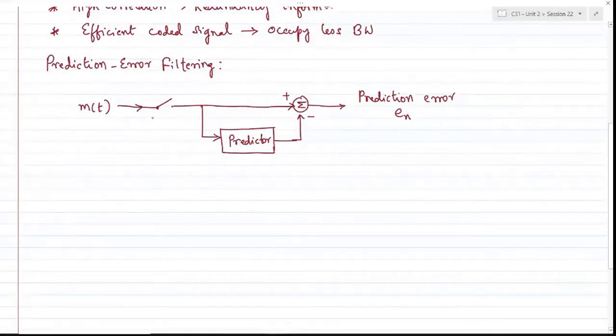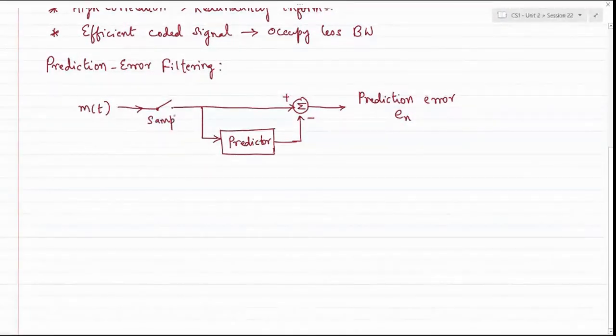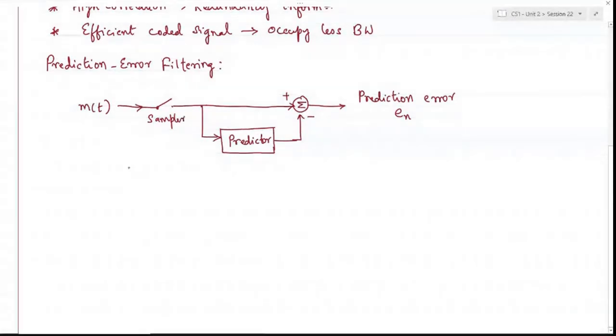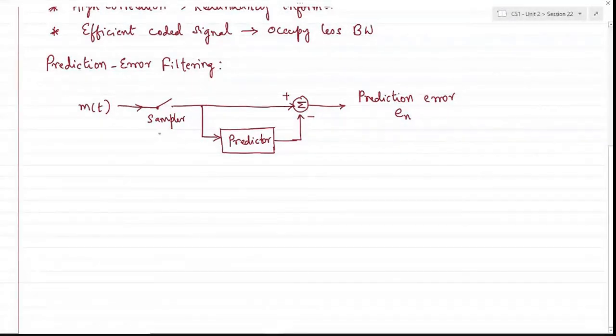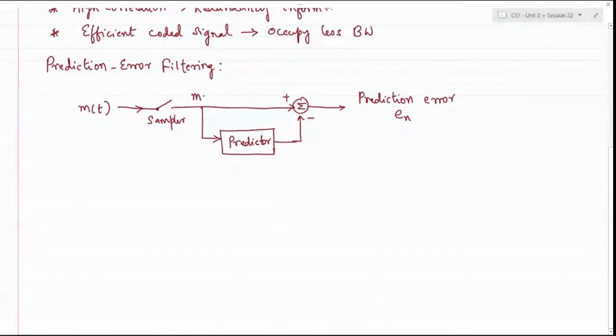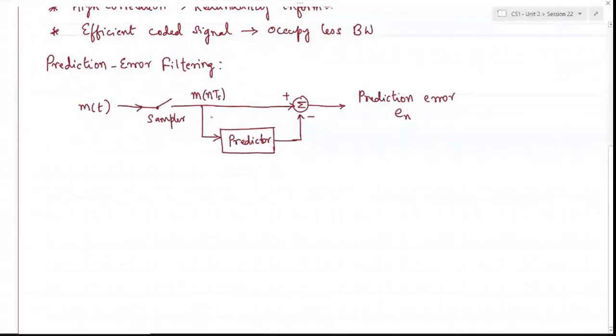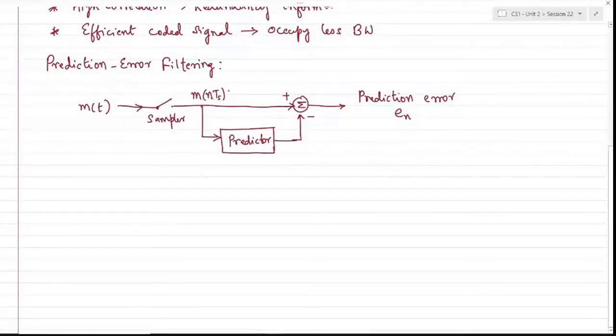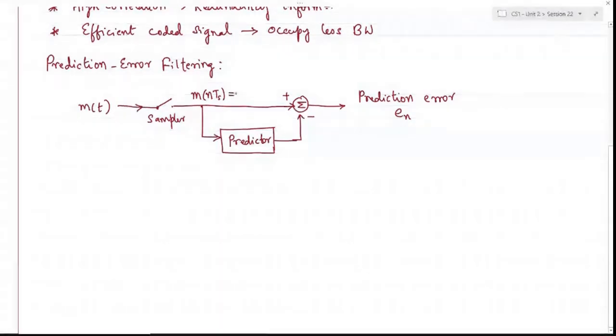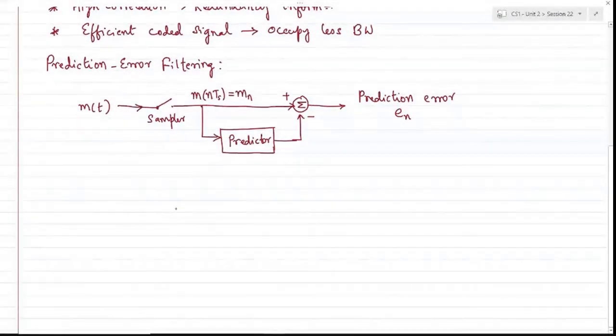So this is your sampler, and obviously it will be at least at the Nyquist rate. The output of the sampler is in discrete form, at every integer value of the sampling duration. In shorthand, we can call each sample m n.